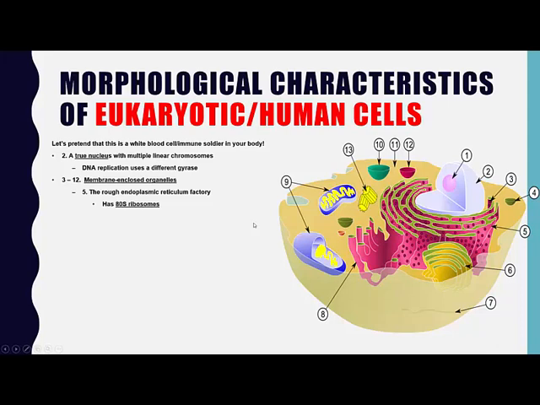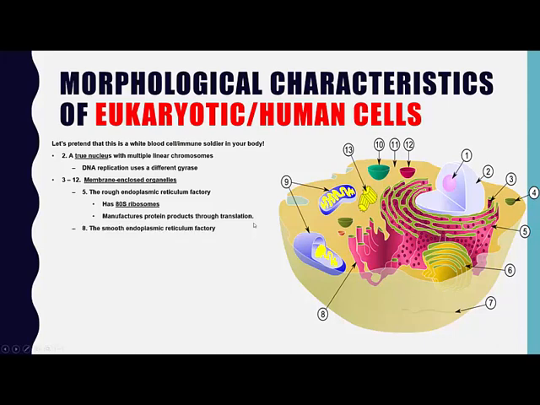The ribosomes are 80S. What are the bacterial ribosomes? 70S. So, what do you think these factories make with the ribosomes attached right to them? Proteins. So the rough endoplasmic reticulum is involved in manufacturing protein products after translation at the ribosome.